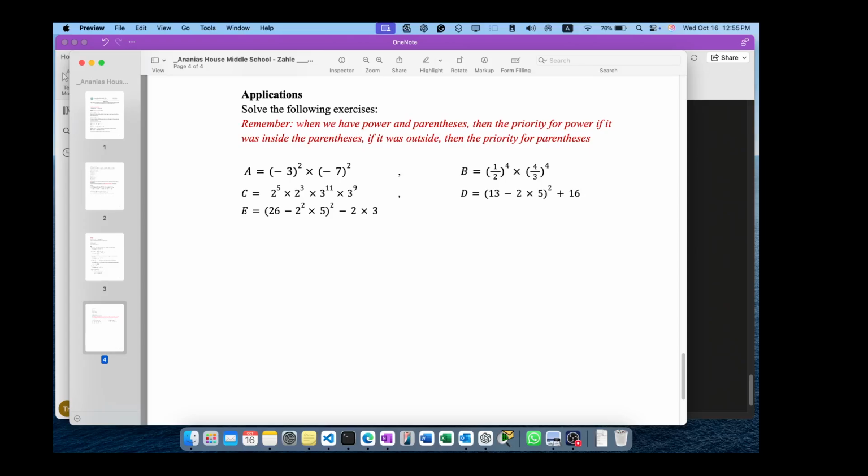In this one, D, I have the power outside the parentheses. What does it mean? I have to start with the parentheses, then the power. Here I have a power inside the parentheses. Always the priority goes to the power if I have any kind of parentheses.